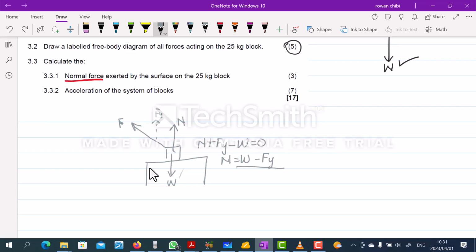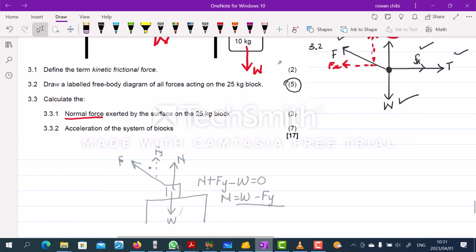So the normal force is equal to W minus Fy. That's what we're going to do here for 3.3.1.